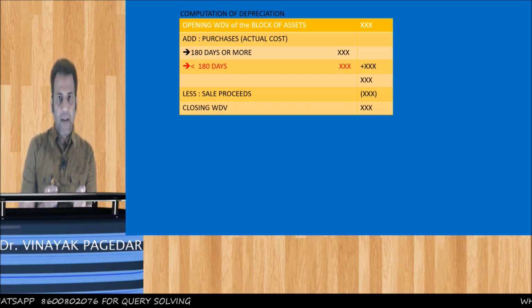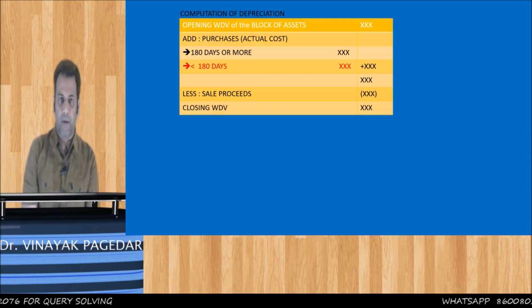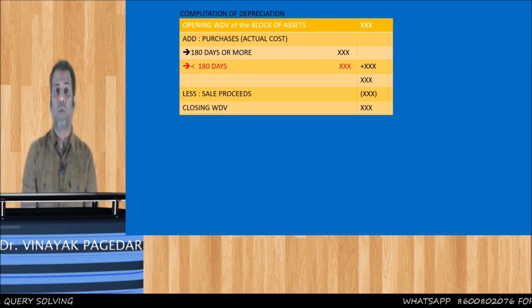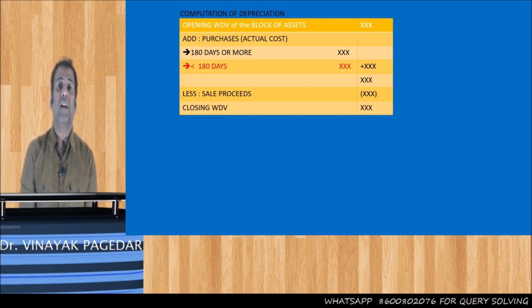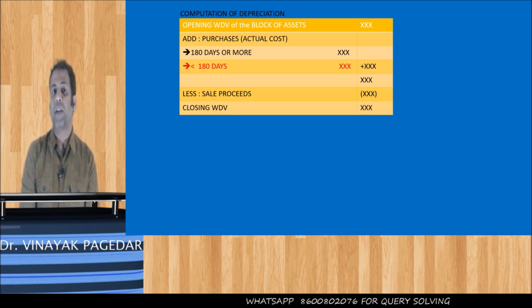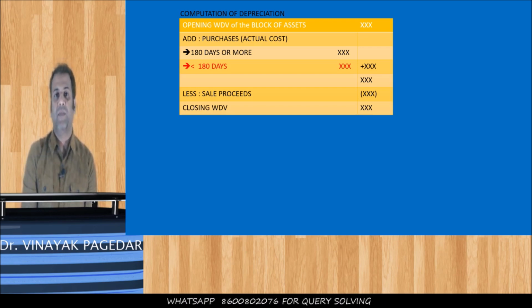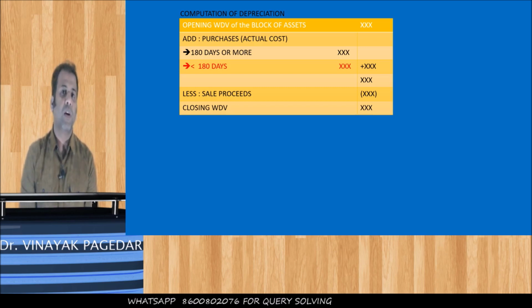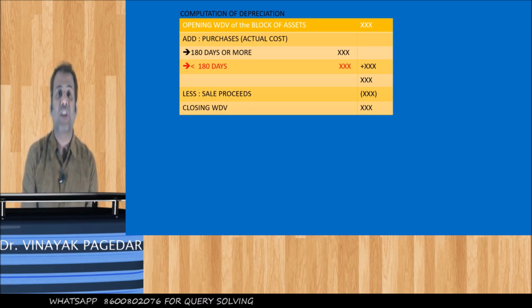If there's a building 10% and a building of 5%, then there are two separate blocks. So, shall we start? We start with the opening WDV of the block. And to this opening WDV, we add the purchases. Now, loosely I've used the word purchases, but what we actually add is the actual cost of the assets.